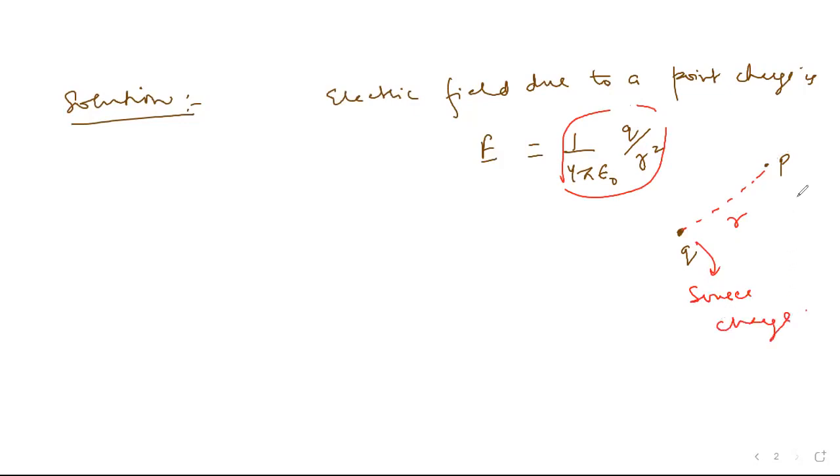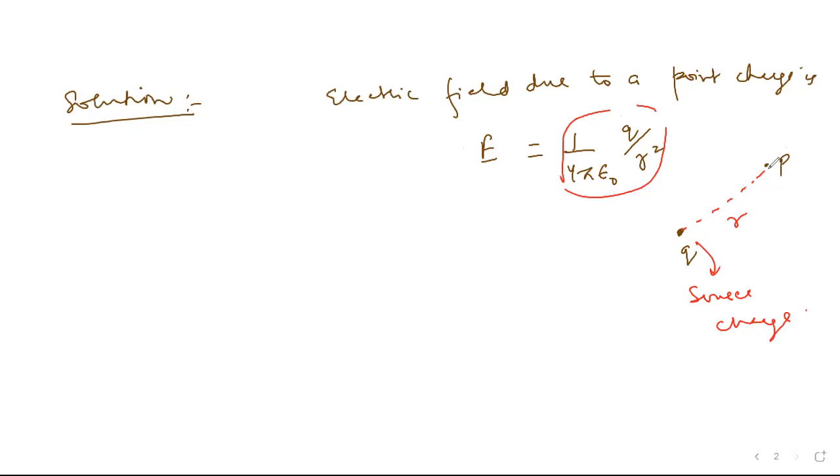You can see the electric field at point P is proportional to the magnitude of the charge and inversely proportional to square of the distance. And you know electric field is a vector. If this source charge is positive, then this field at point P will be radially outward. If source charge Q is negative, then the field at point P will be radially inward.